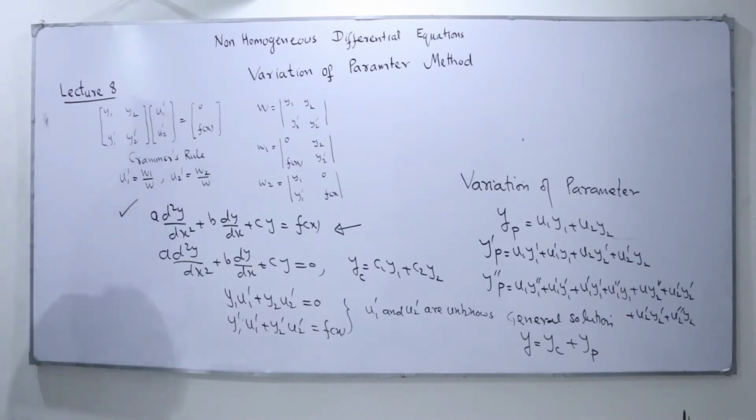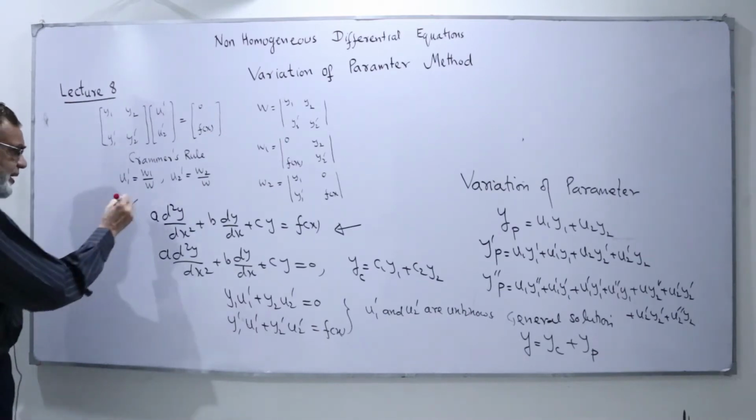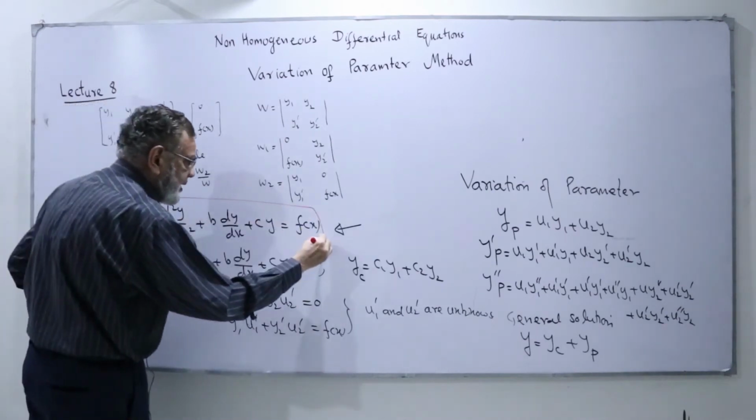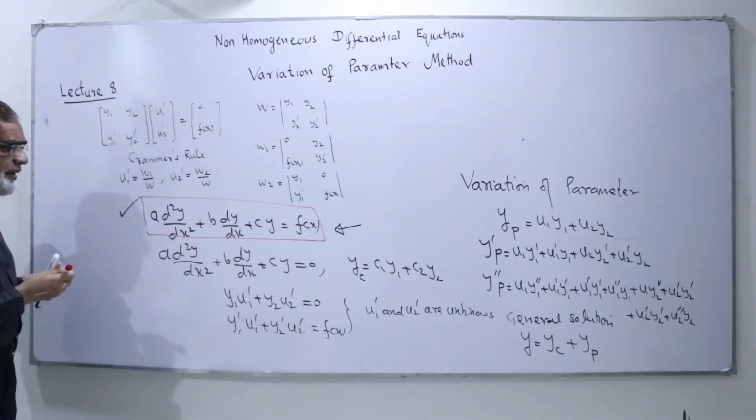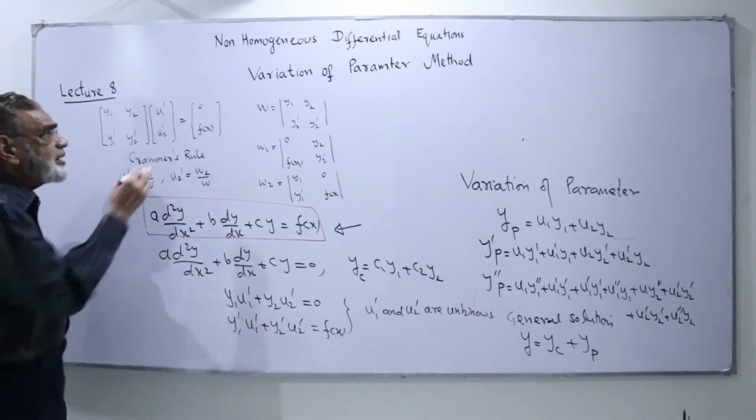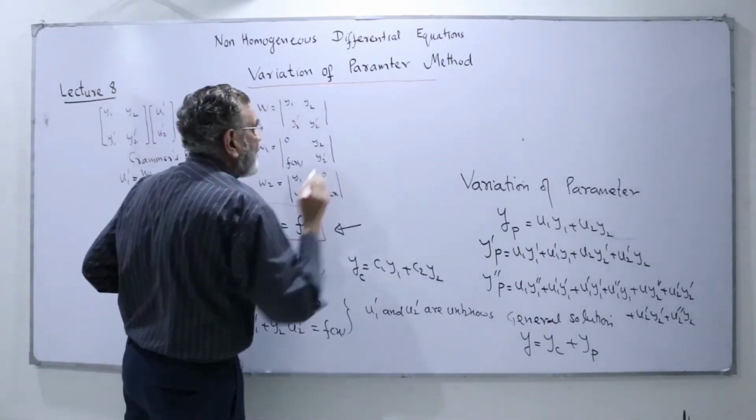Again, I am just going to repeat. We are given the differential equation. This is my non-homogeneous differential equation. I want to use the variation of parameters method to solve it.